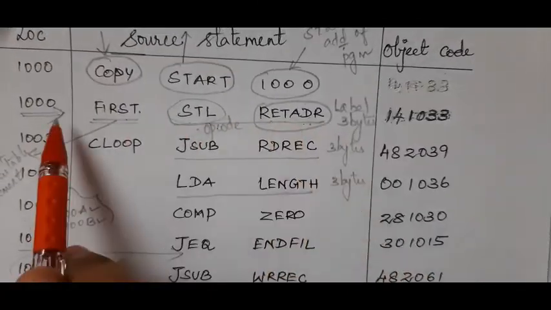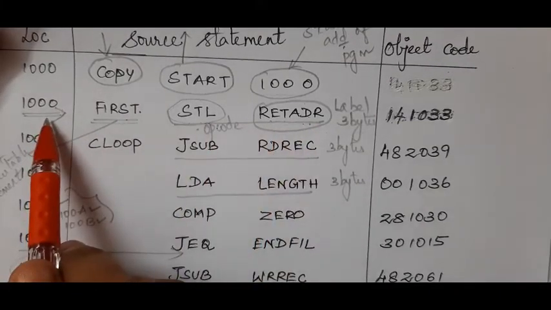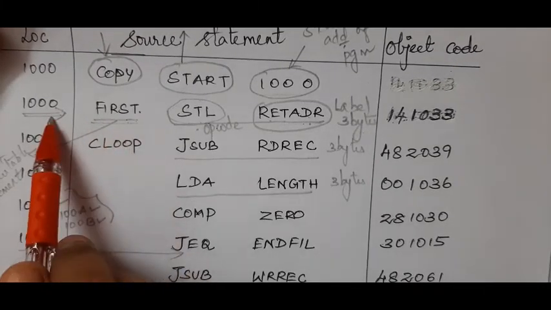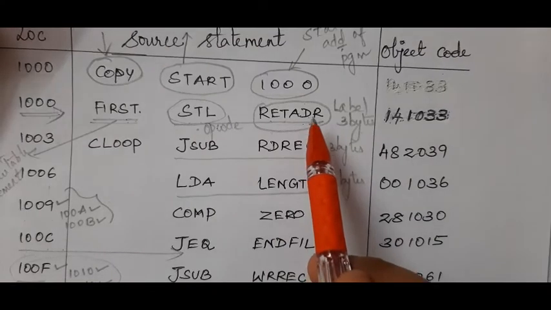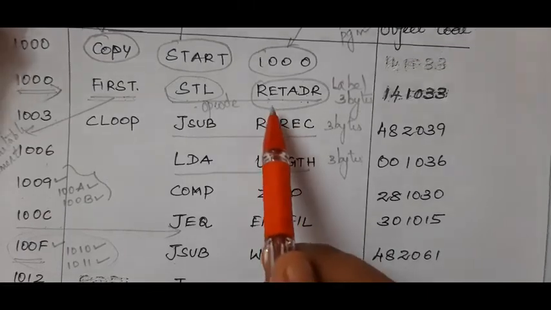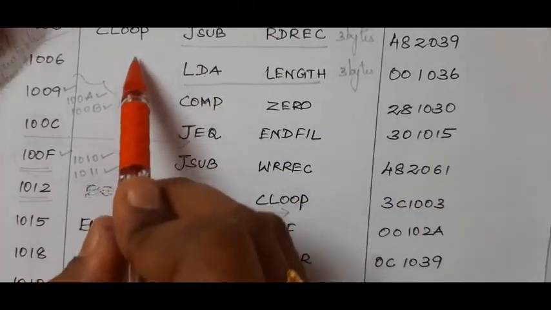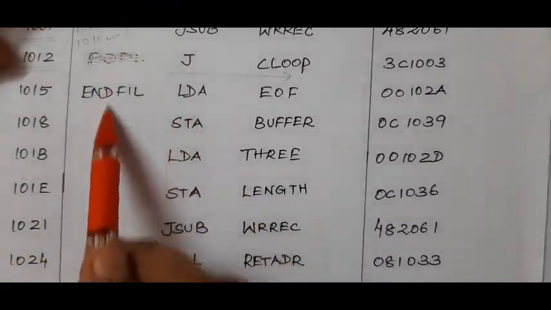So this is not 1000. I mean the return address is not starting from 1000. The first instruction is starting from 1000. So the return address has some other memory space. We have to look into our program where the return address starts. C loop, end fill, and labels and all are available here only.